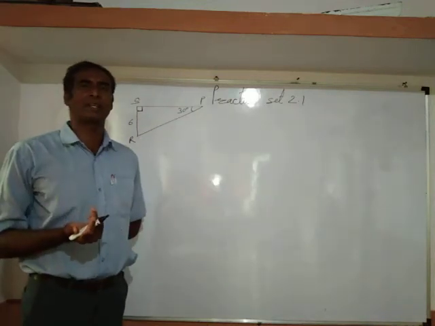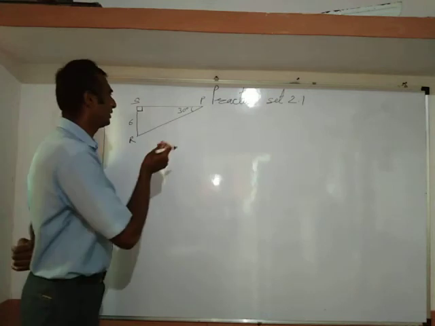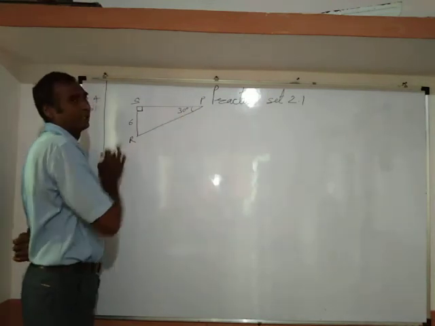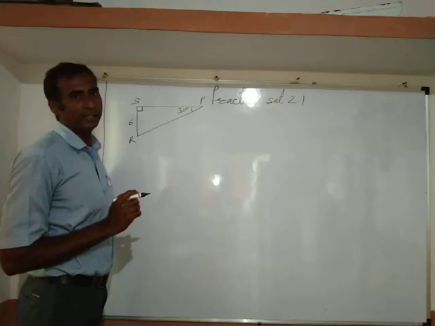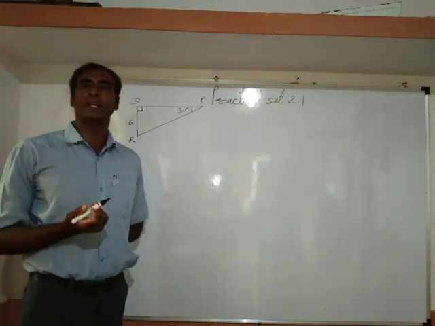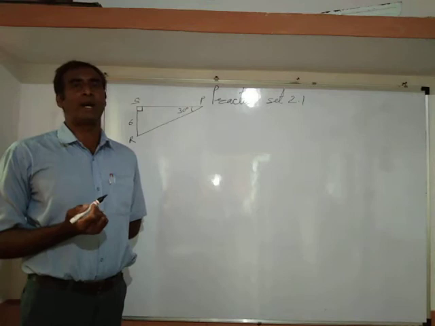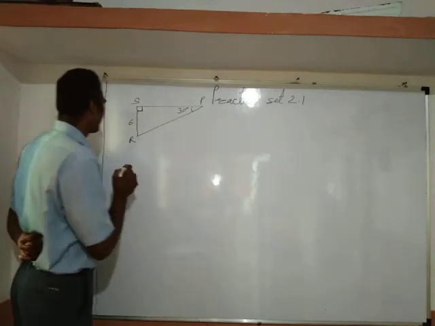It means it is a 30-60-90 triangle. And we can apply the theorem of 30-60-90 to this triangle to find PR as well as PS, because SR is the side opposite to 30 degrees, and we know that the side opposite to 30 degrees is half of the hypotenuse. Okay, let's apply here.